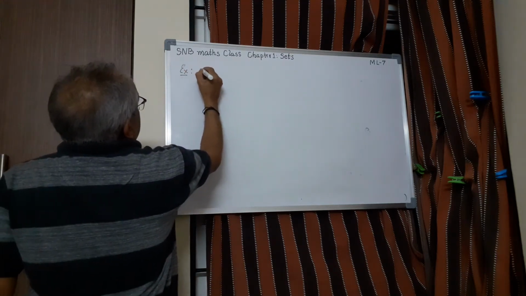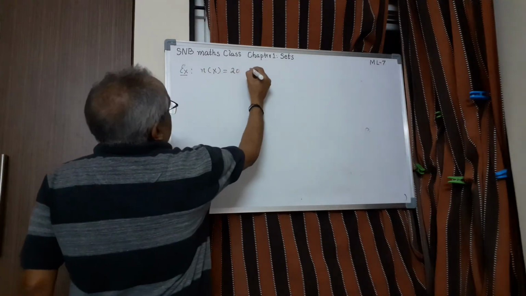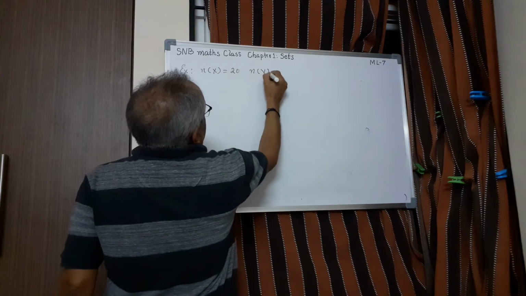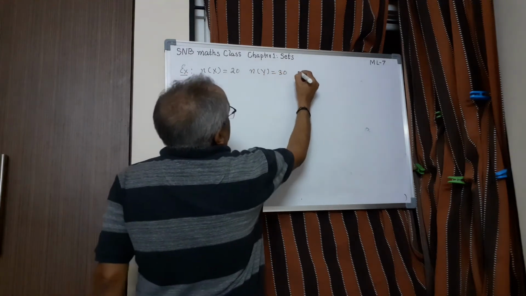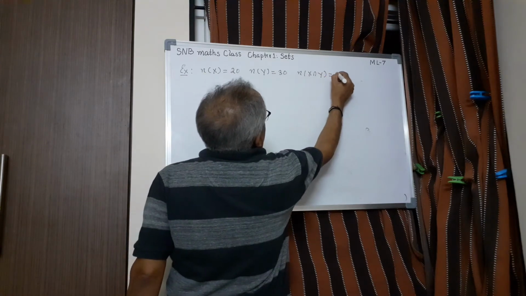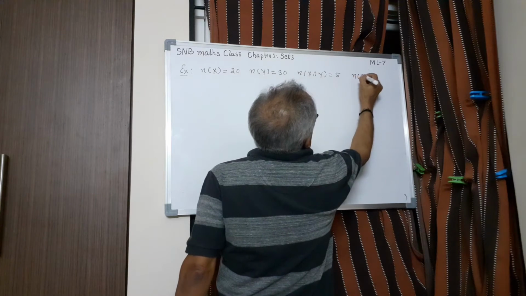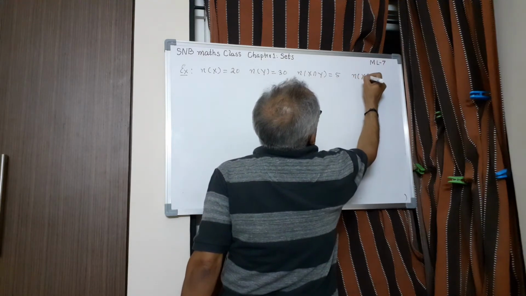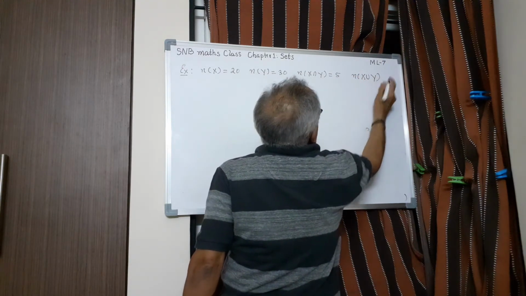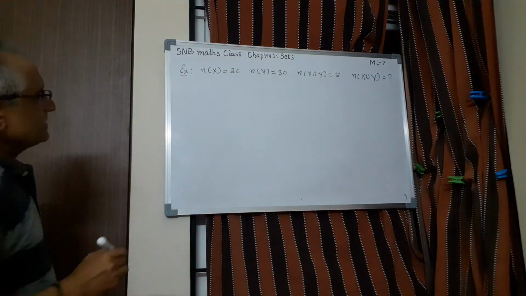First example: if the number of x equals 20, the number of y equals 30, and the number of x intersection y equals 5, find the number of x union y. So it's a very simple case.